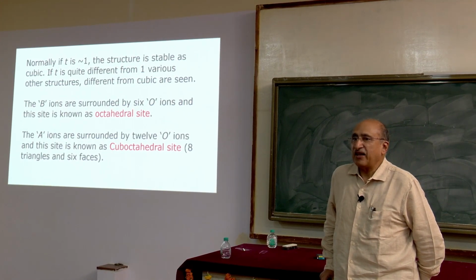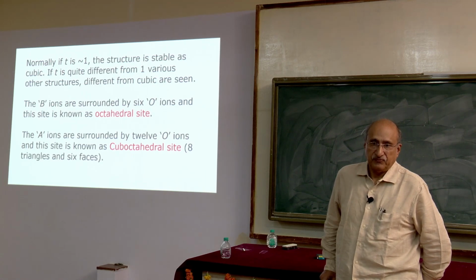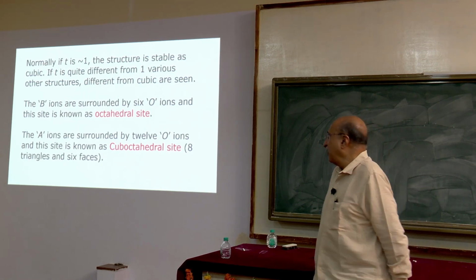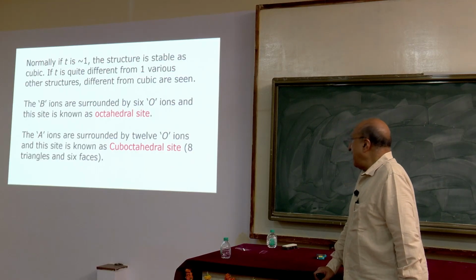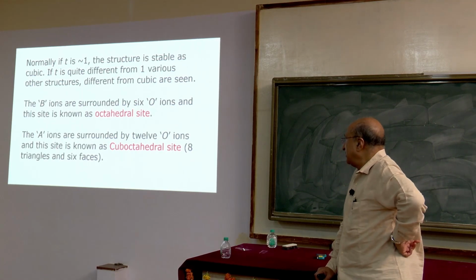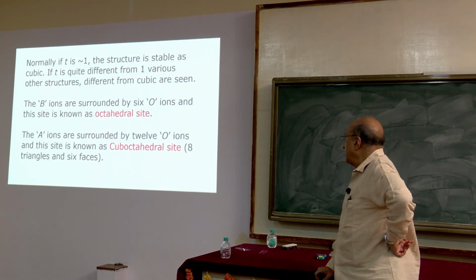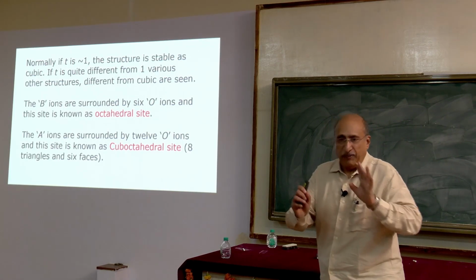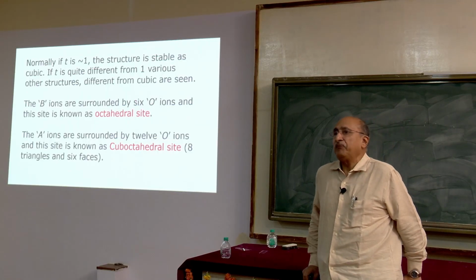This is what we call an octahedral arrangement. I will show you that octahedral arrangement in the next picture. The A ions are surrounded by 12 O ions. This is what is called cuboctahedral.